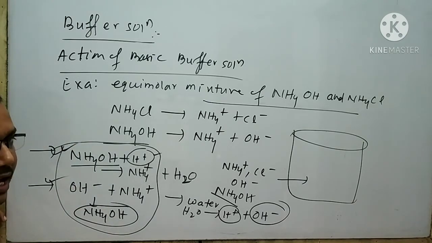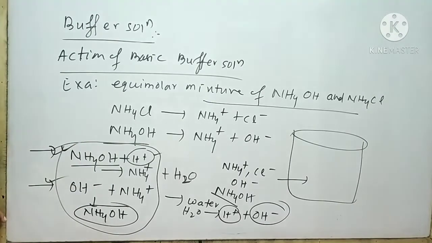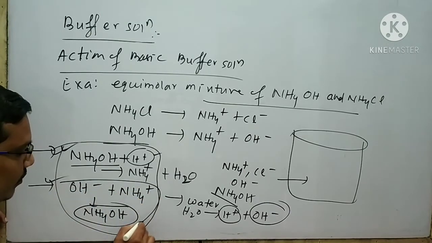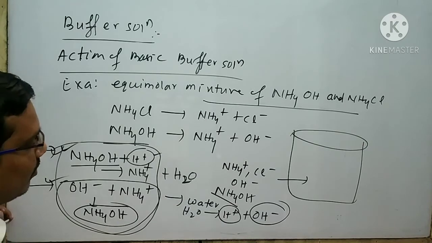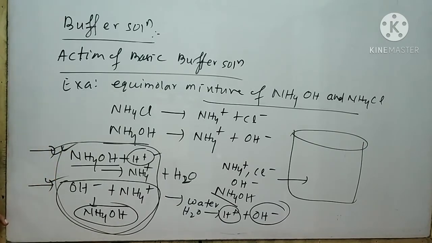If I add the base from outside, this reaction will happen. If I add water from the outside, both reactions will happen. That's why the pH of a basic buffer solution is not affected by the addition of acid, base or water from the outside. This is the action of a basic buffer solution.